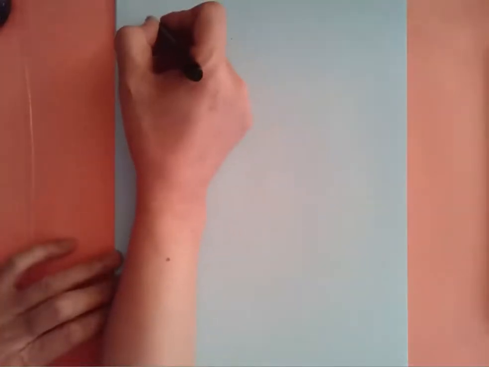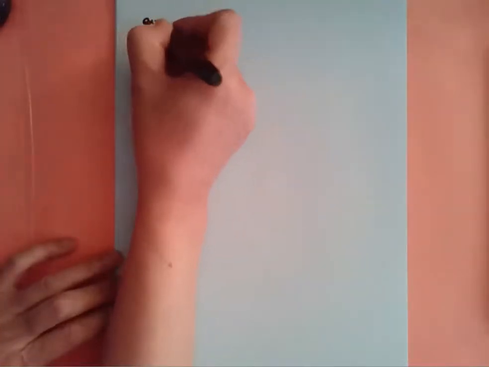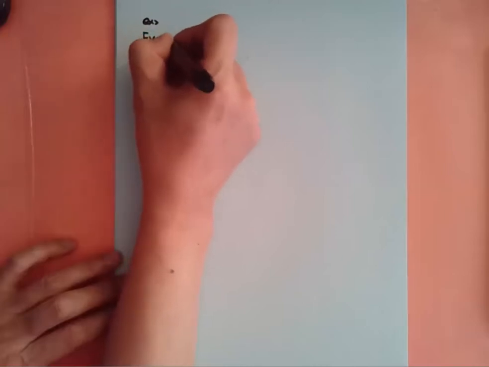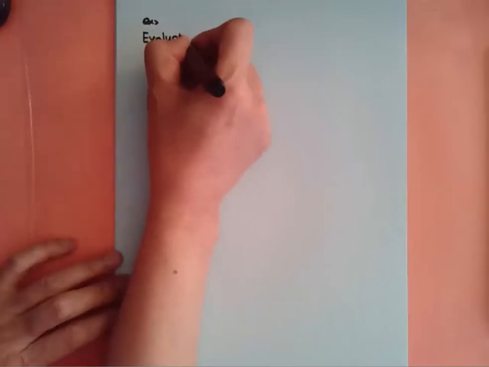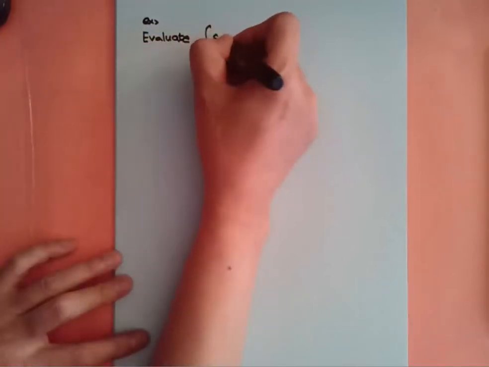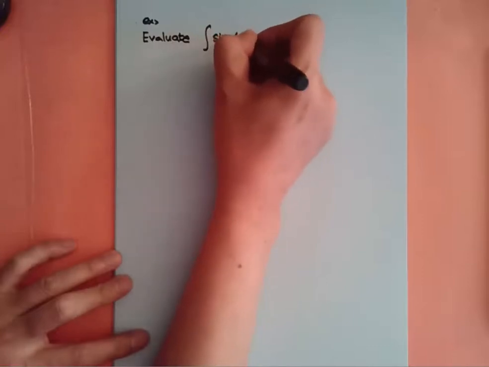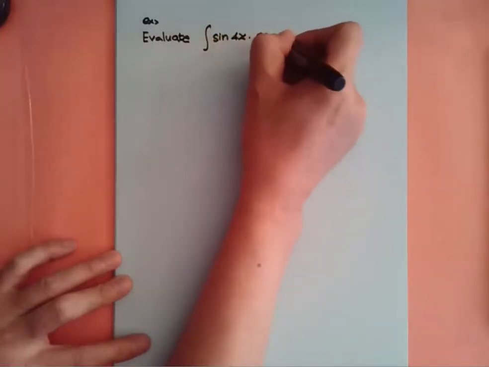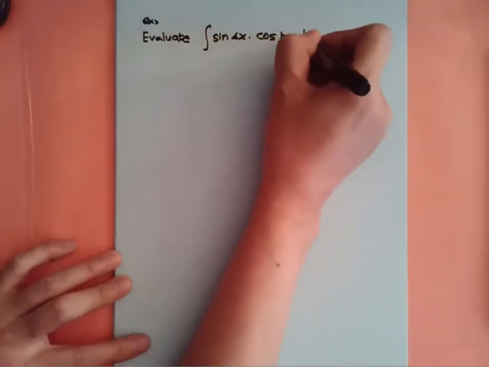We will need that formula to evaluate the integral. Integrate sine of 4x times cosine of 5x dx.